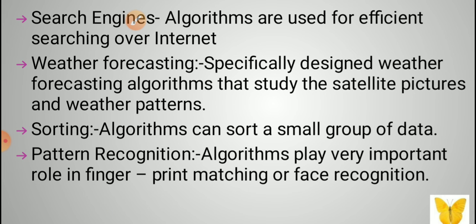Algorithms are used for efficient searching over the internet, and there are specifically designed weather forecasting algorithms that study satellite pictures and weather patterns. In sorting, algorithms can sort a small group of data to a huge amount of data.